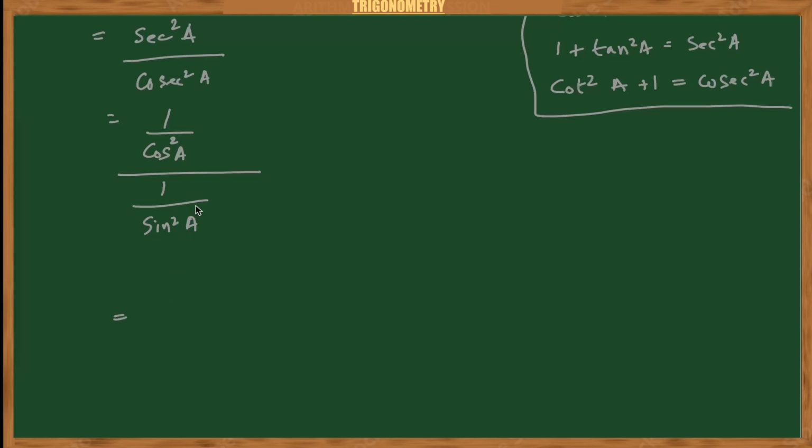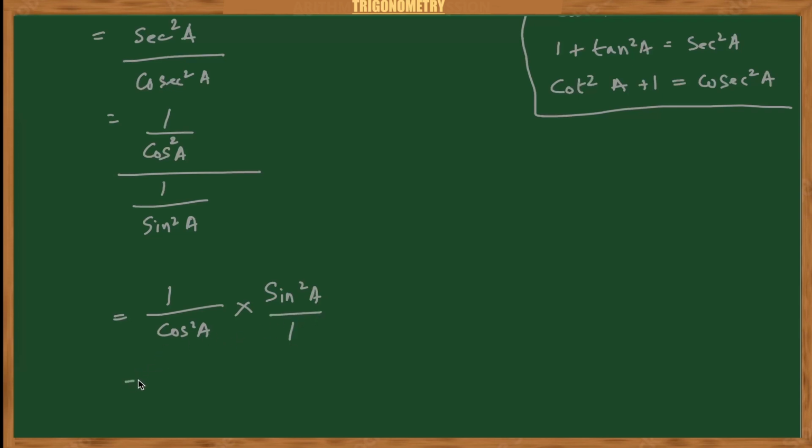So let's try to solve it. 1 by cos square A. So let's reverse this. When it goes, sine goes up. Multiply the inverse, sine square A divided by 1.